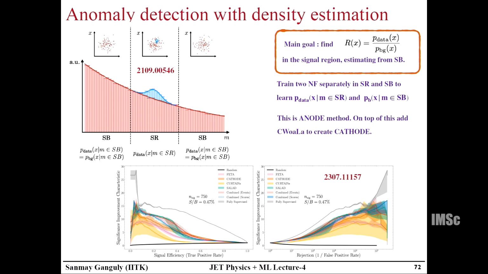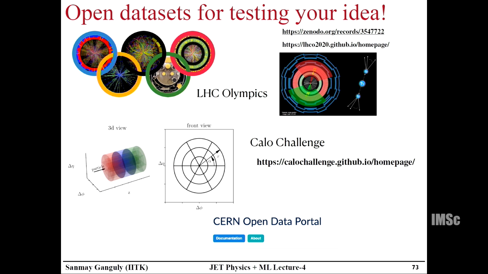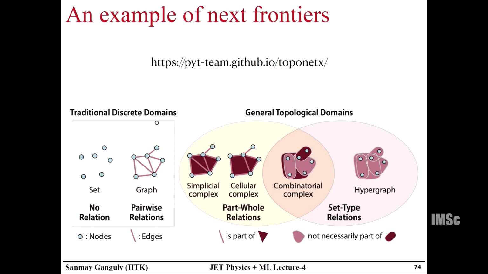If you are interested, you can try. There are open data sets for all these ideas I was talking about. If you are interested in machine learning and high energy physics, there are community standard data samples and codes. You can just bring your improvement on top of that, and that will be fun.